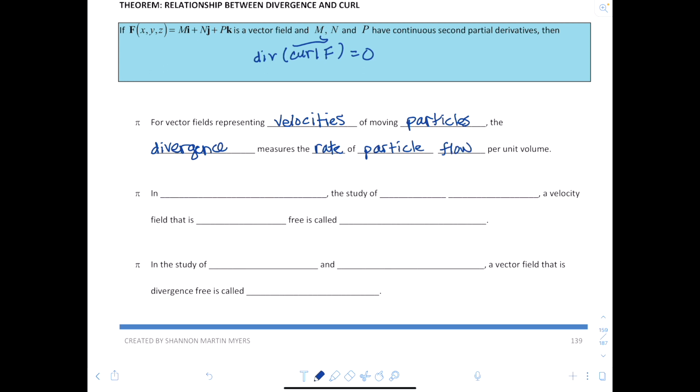In hydrodynamics, which is the study of fluid motion, a velocity field that is divergence-free is called incompressible.